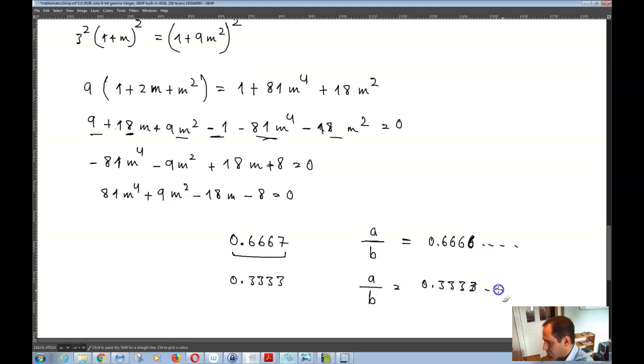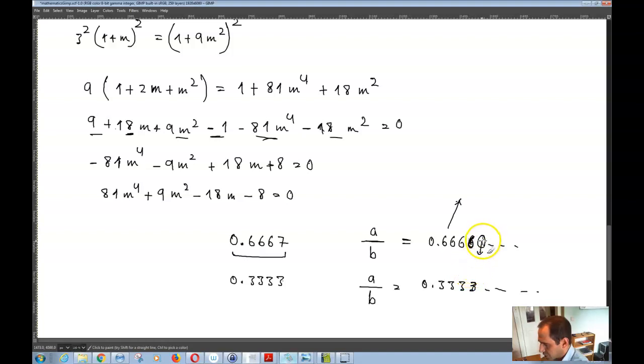0.3333 repeating. So when you want to round this number, for example, to 4 decimal places, you take a look at this digit over here.